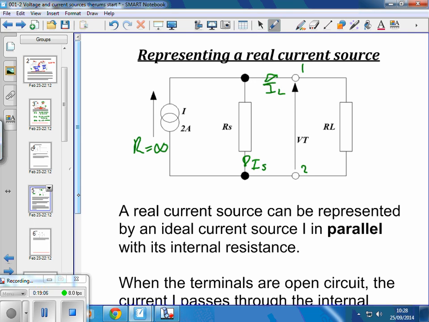If we take this load away, all the 2 amps in this case flow inside there. When we connect a load, some of it comes this way, some of it goes through there. So the terminal voltage varies with load.